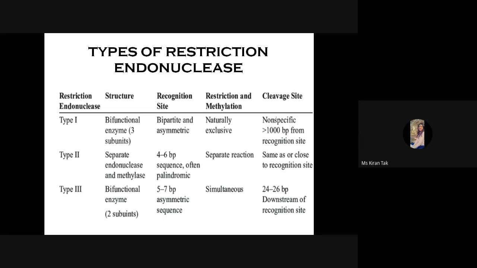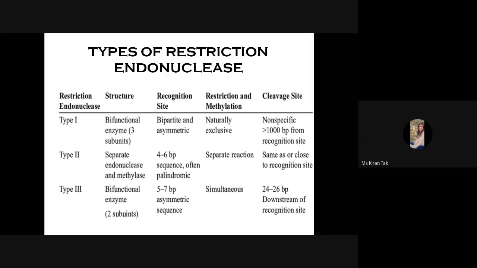Bipartite means the recognition sequence is recognized by two subunits. Here the restriction and methylation are mutually exclusive, and the cleavage site is non-specific, more than 1,000 base pairs away from the recognition site. That means it will cleave more than 1,000 base pairs away from the recognition site.